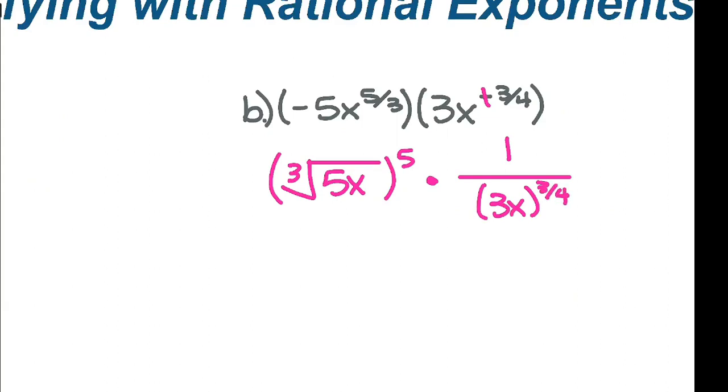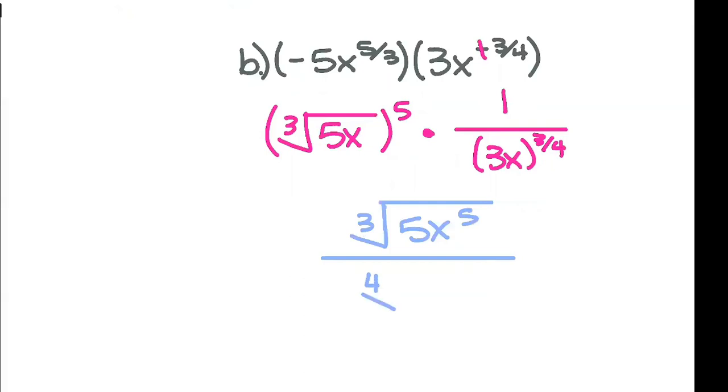So it's going to give me the 4th root of 3x cubed. So I'm going to just put this on top, the cube root of 5x to the 5th power over the 4th root of 3x cubed.